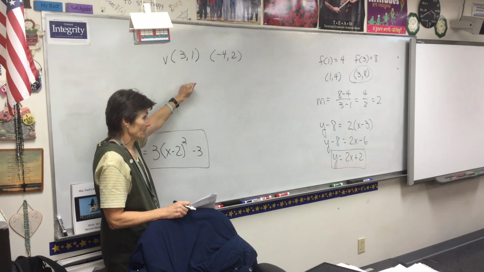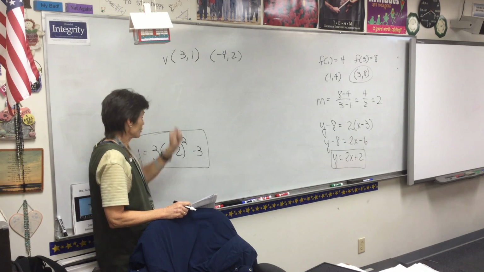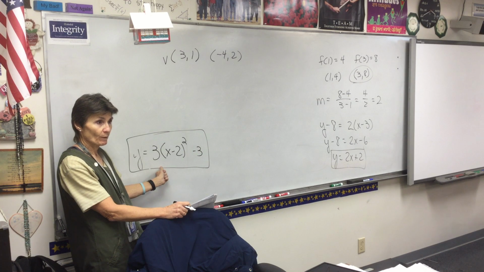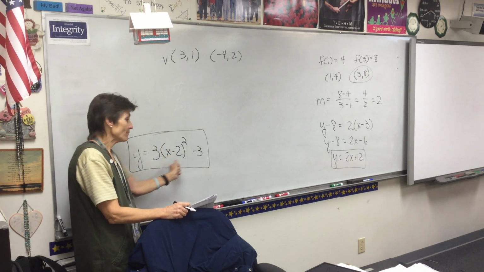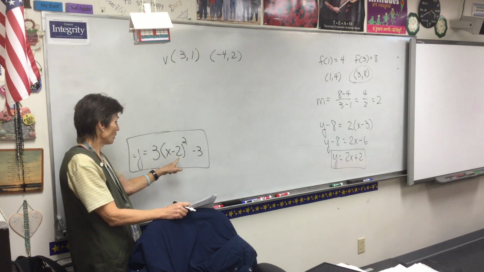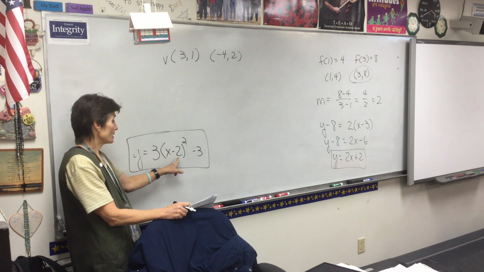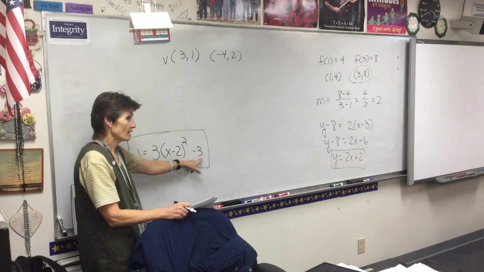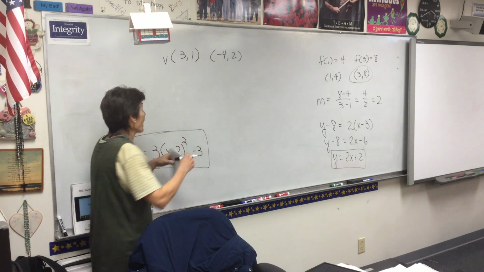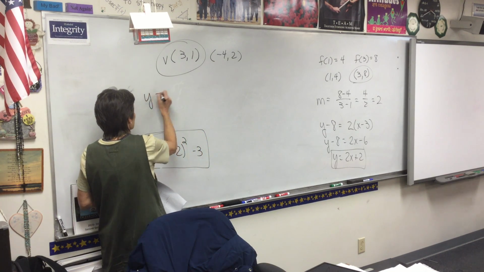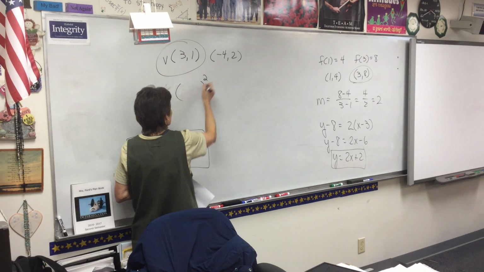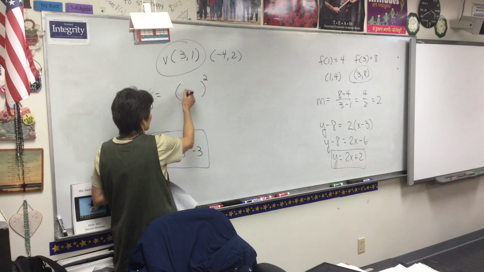This is a parabola. So this is the equation that you're writing. Now, if you had this equation, wouldn't you tell me that the vertex is at 2, -3? So build it backwards.